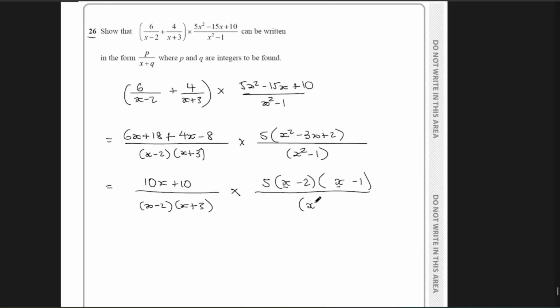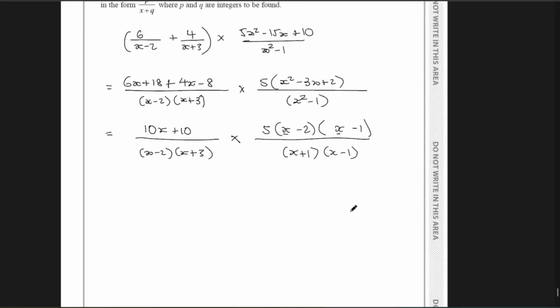The denominator would be x squared minus 1. To make things simpler, we can actually convert x squared minus 1 into two brackets. It can be converted into x plus 1 times x minus 1. The reason we're factorizing everything is to see if we can cancel the brackets as much as we can. Okay, so one more step.